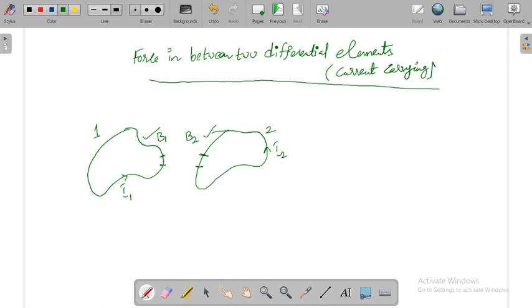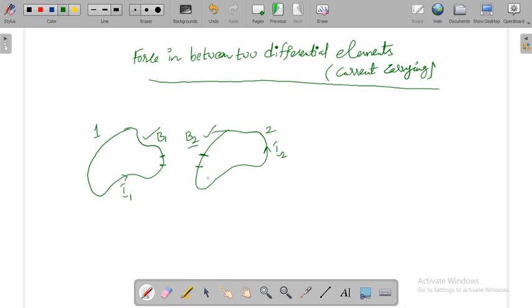So the first current carrying conductor is in the magnetic field of the second, and will experience a force due to the second conductor. Similarly, the second conductor is placed in the magnetic field produced by the first, so it also experiences a force. Due to this reason, these two current carrying conductors experience some force.